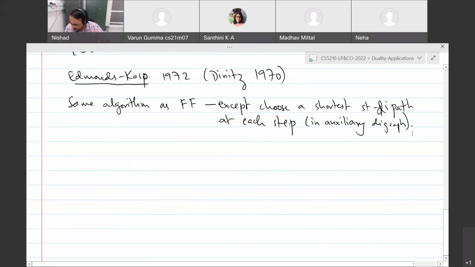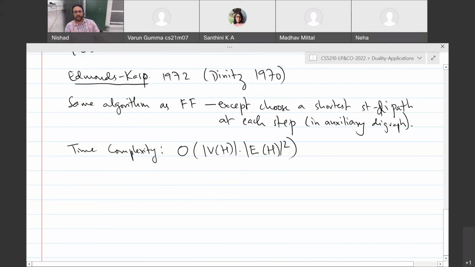So it's order number of vertices times number of edges, number of arcs squared. Okay. So the one occurrence of the number of arcs is coming from constructing the auxiliary digraph.